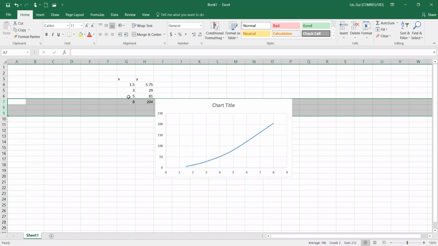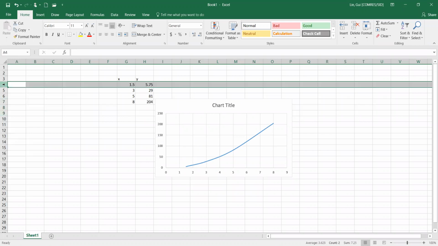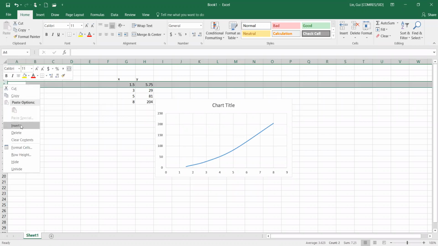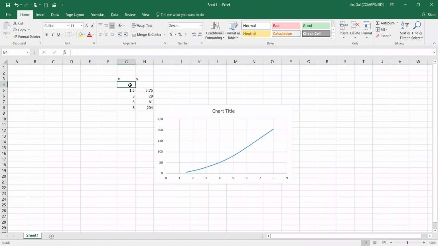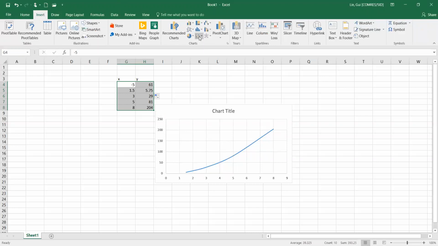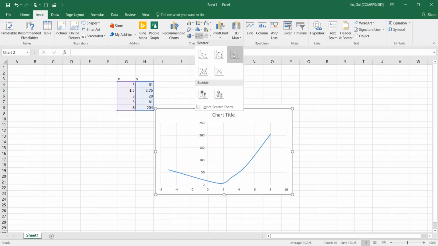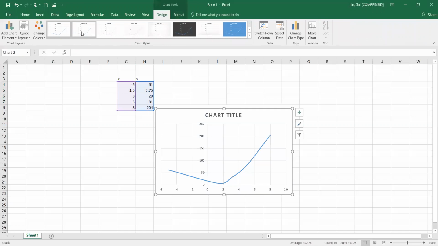So if I put the right number here, I say -5 is right here, you can get this one. You can insert and get the graph.